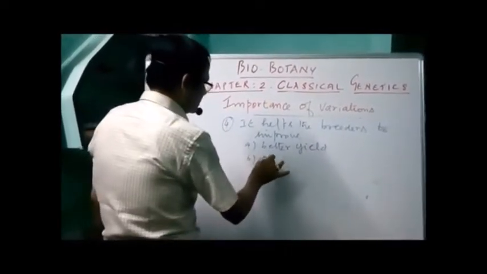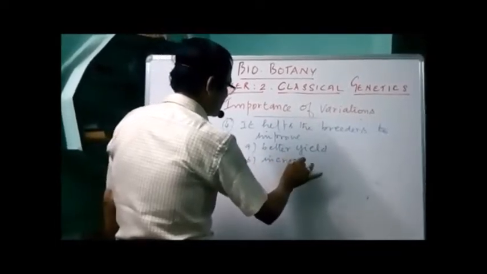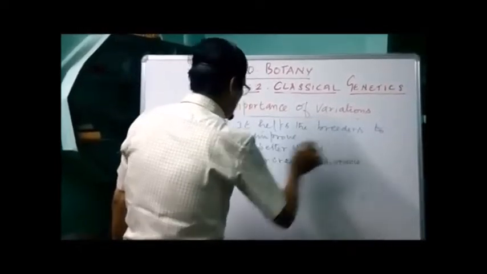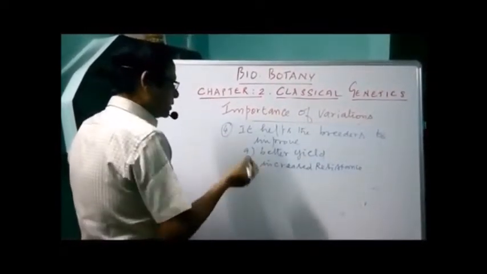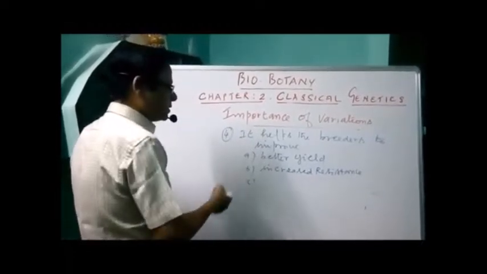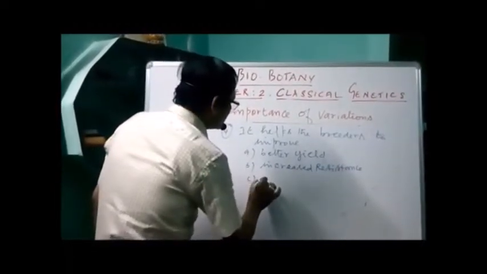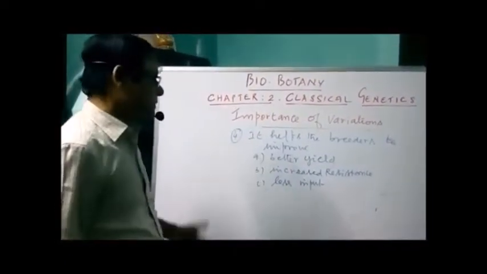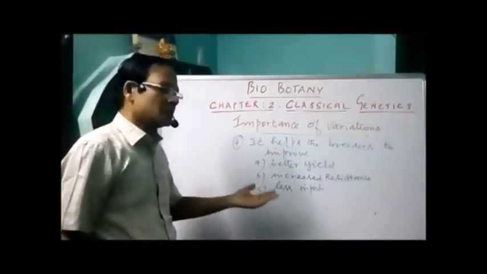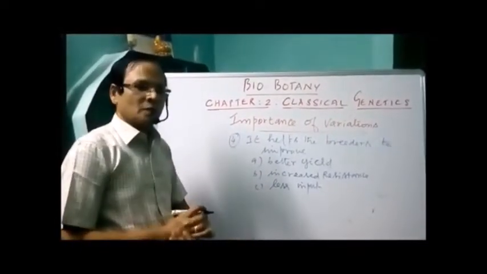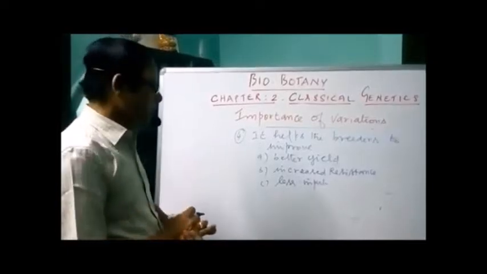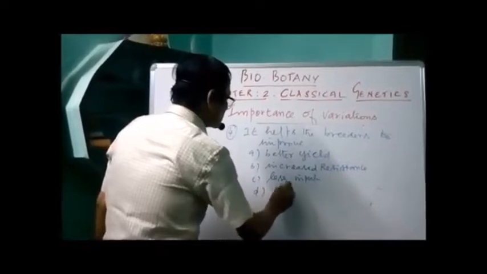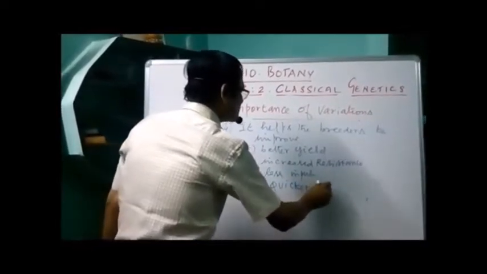Then increased resistance. Then increased production, that's a better yield. Then we have less input, meaning the usage of various materials as nutrients for their growth. Then the last one, quicker growth.